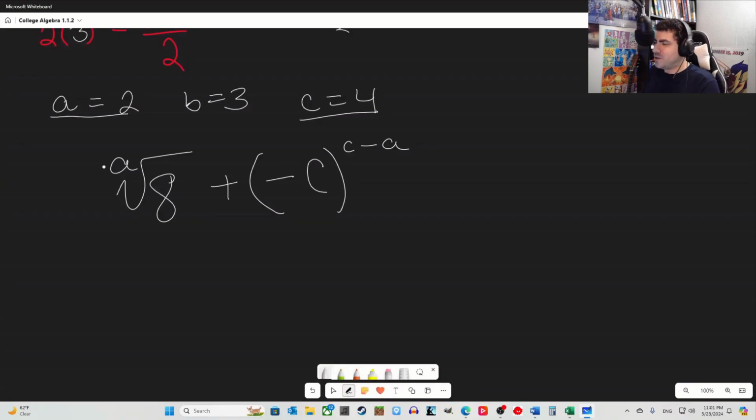We have the 8th root of 8 plus opposite or negative C raised to the power of C minus A. You've seen that before? There's a whole expression, an algebraic expression within the exponent. That's wild, huh? So let's see, how can we do this?